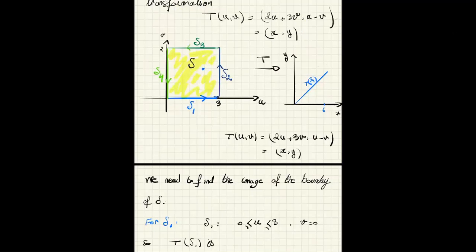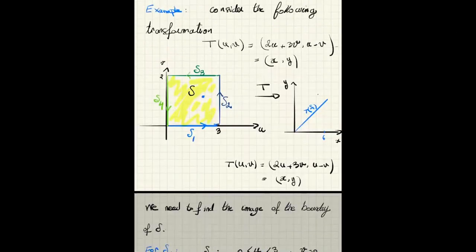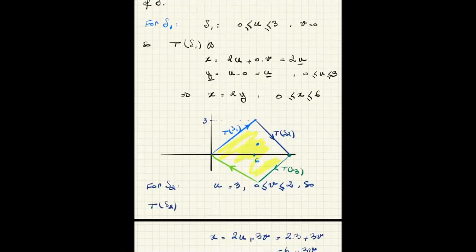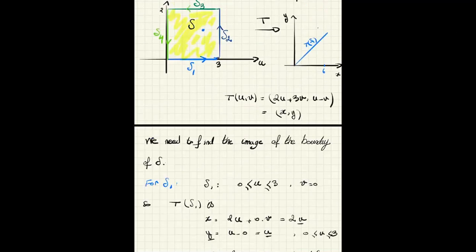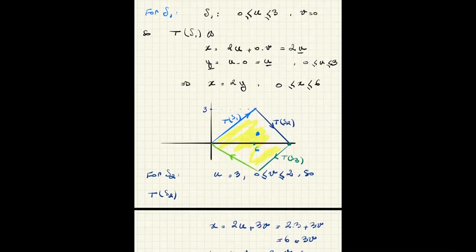For example, take the center, or just anywhere here, and prove that it's inside. That's not a proof, but at least we are sure that the inside is mapped to the inside, right? We'll call it a semi argument that it's the interior.